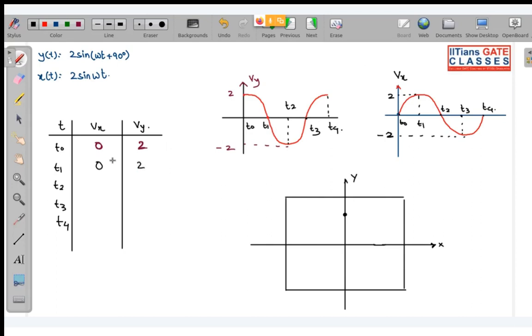So Vy 0, Vx 2 means some place over here. Okay. Next, at your T2, you can see Vy is minus 2 and Vx is 0. So Vy minus 2 means someplace over here and Vx 0, so obviously it is going to hit over here.